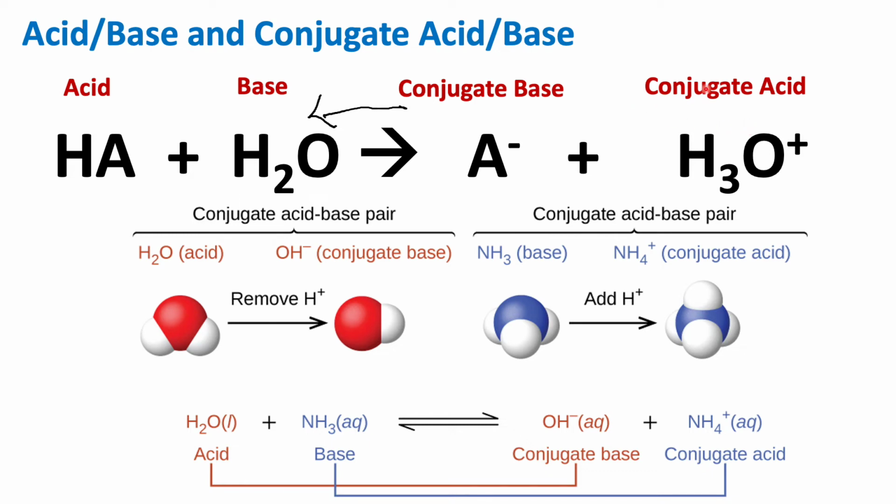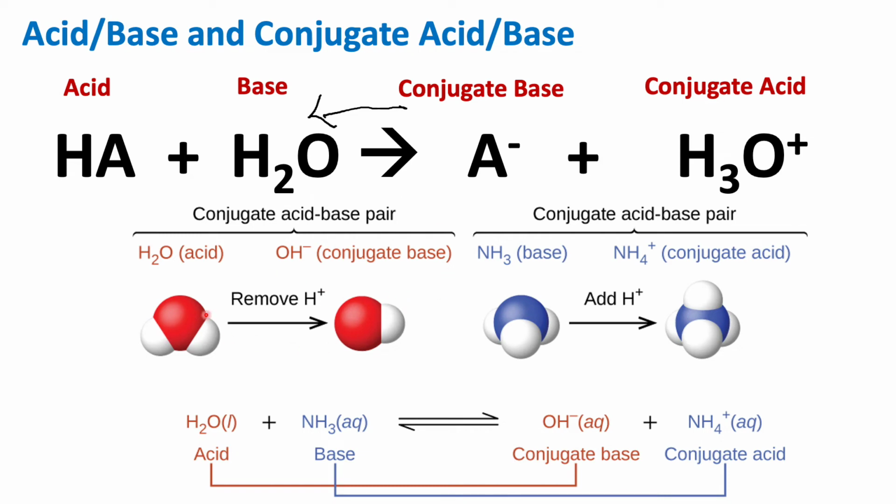But we call them the conjugate, because in reality, if we look at the forward reaction, this is our acid and base, and then we get our conjugate base and conjugate acid. So essentially, if we want to go from acid to our conjugate base, we just take away a proton. And if we're at our base and we want to go to our conjugate acid, we just add that extra hydrogen.